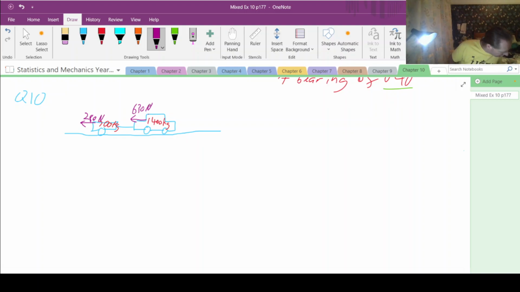The driving force of the car due to the engine is 2,380 newtons, going in this direction. Very good. Find the acceleration of the car.